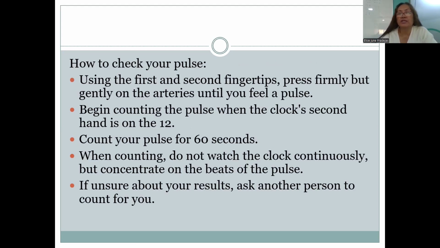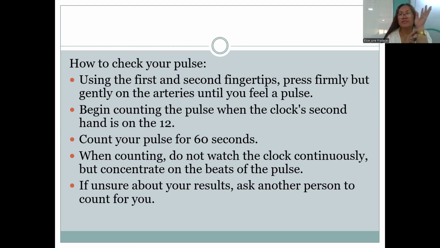Now, how to check your pulse? Using the first and second finger, press firmly but gently on the arteries until you feel the pulse. You can do that by yourself. This is the landmark. This is your thumb. You have to slide down, and in this area you can feel the pulse.